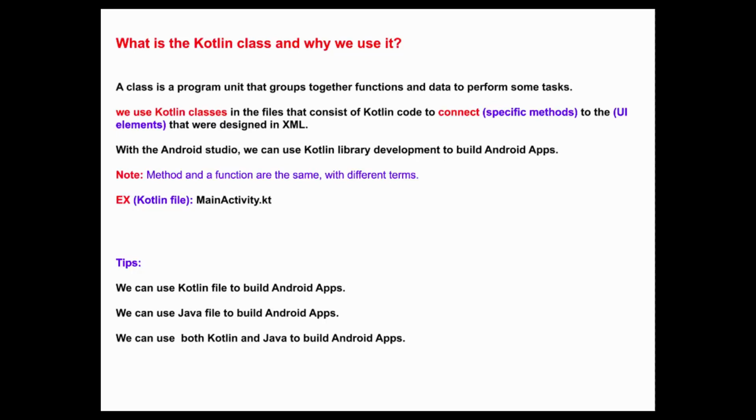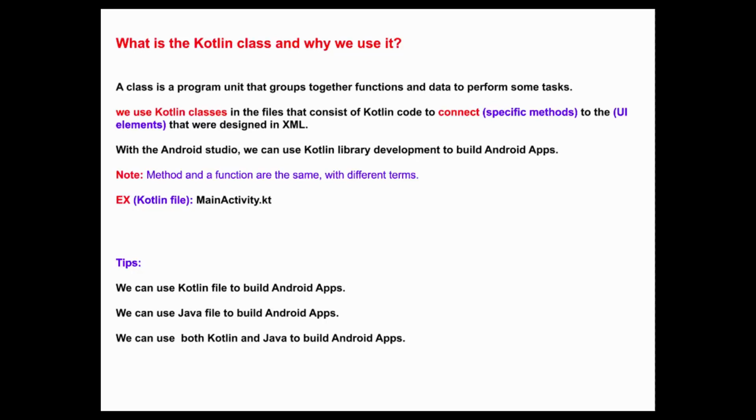Okay, now let's talk about the Kotlin class and why we use it. First of all, a class is a program unit that groups together functions and data to perform some tasks.